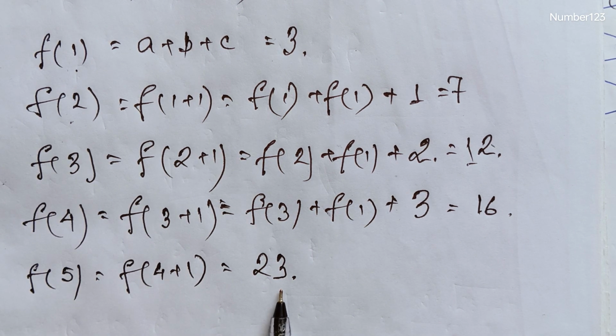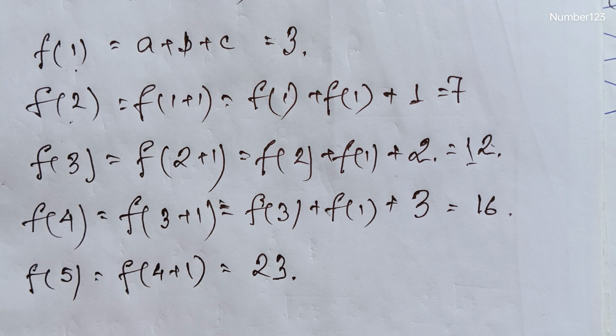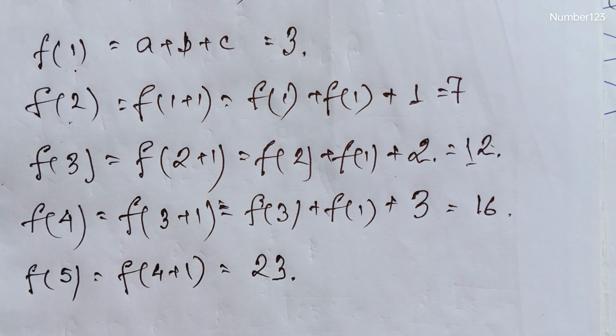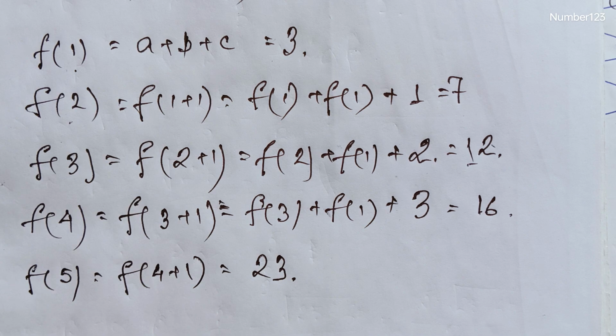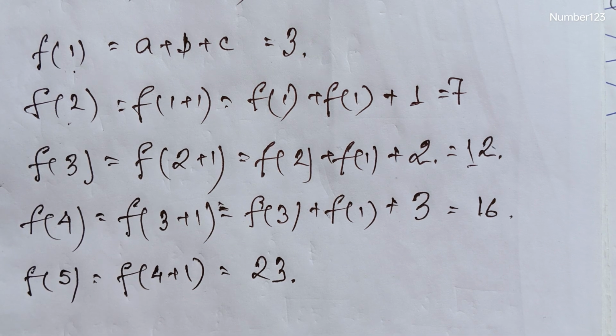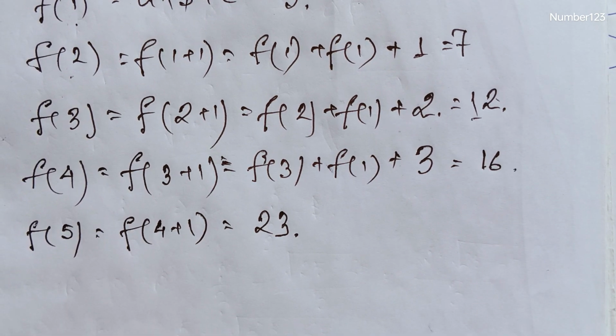So the gaps are different, so we cannot identify a perfect pattern. Else we can find every value 1, 2, 3, 4, 5. So what is the short term? Because this is a lengthy process.